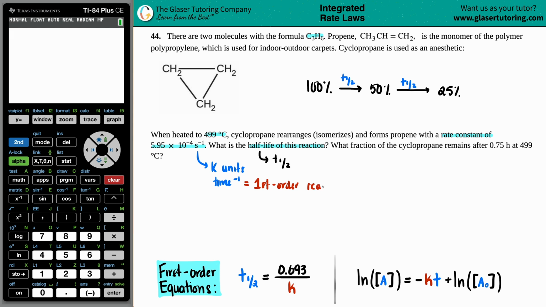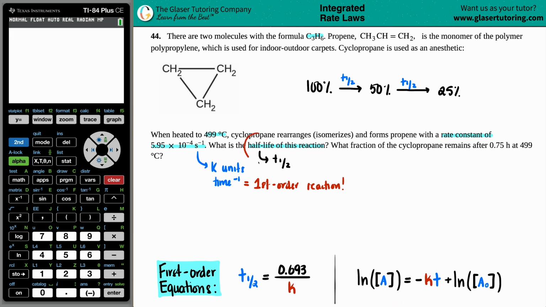So if the question does not tell you what order you're in, chances are you're going to have to look at the rate constant's units and say, hey, it's only a second to the -1. That's 1st order. Now that I identified that, I can bring in the 2 1st-order equations.